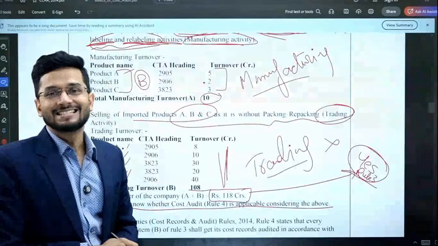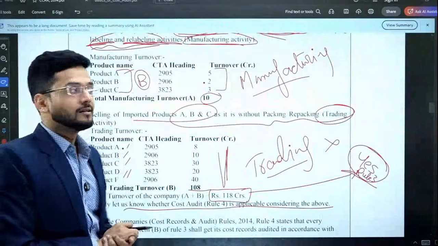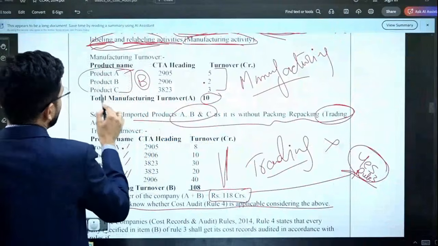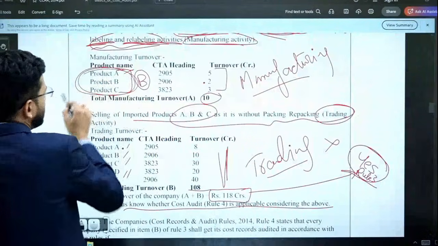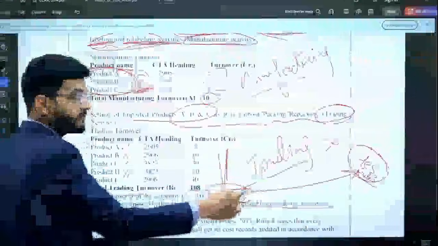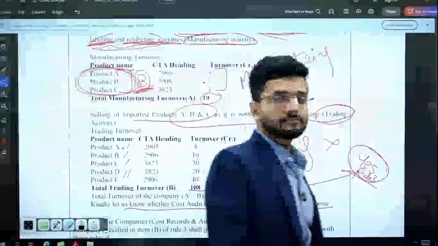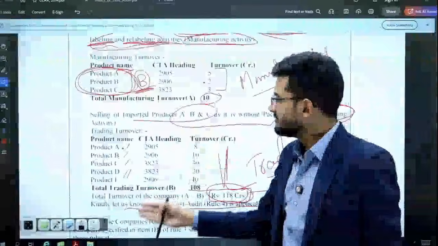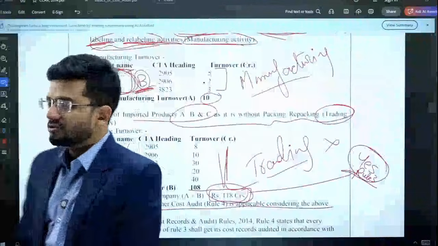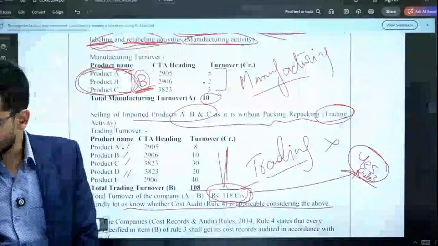Now the second question is whether cost audit is applicable on these products, whether they will be subject to cost audit or not. For Table B products, the first limit is that the overall turnover of the company should be more than 100 crores. Is it more than 100 crore? Yes, the first condition is met.